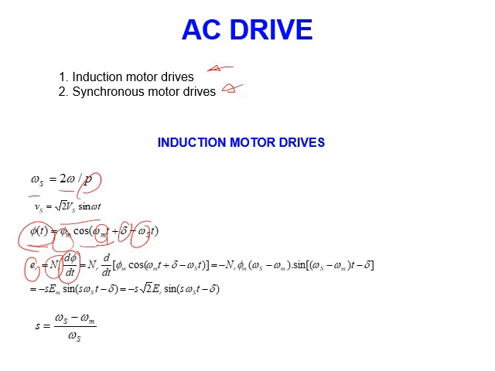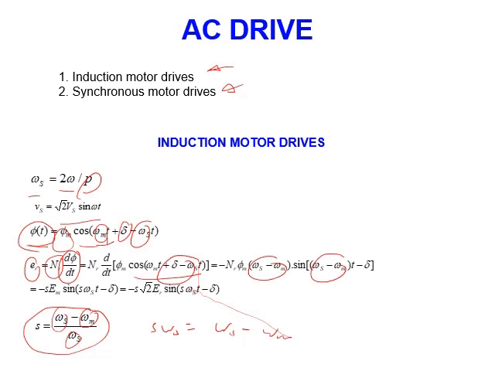So when we derive it, we have this formula, and since we defined the slip of the motor to be synchronous speed minus omega_m over omega_s, then s omega_s equals omega_s minus omega_m. So we can convert these into s omega_s, and we ended with this formula.